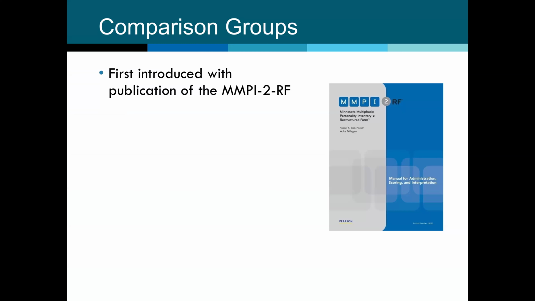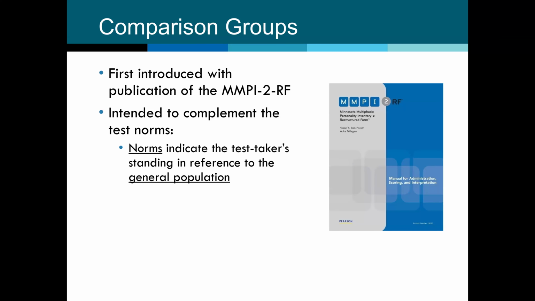Comparison groups, as they're currently used with the MMPI-3, were first introduced with the publication in 2008 of the MMPI-2RF. The comparison group data are intended to complement information that is available from the test norms. When we look at T-scores, these are based on the general population.